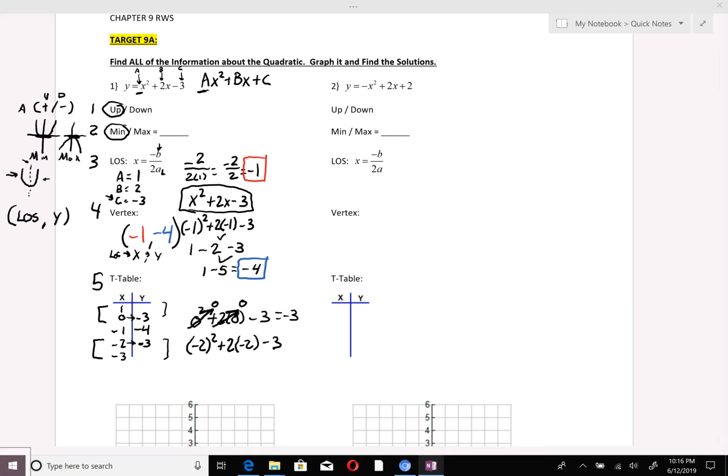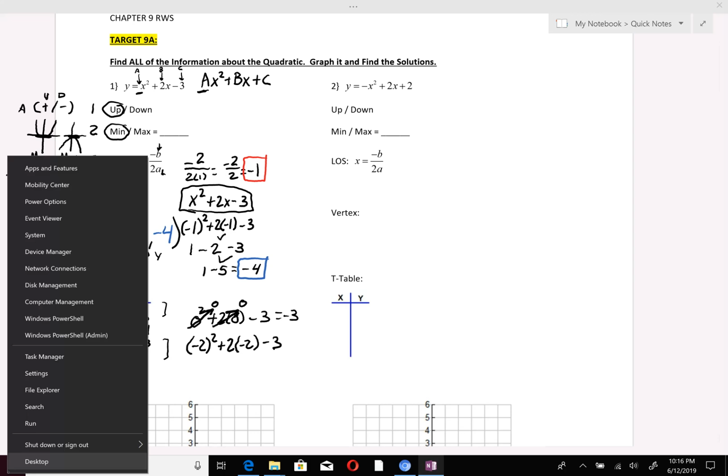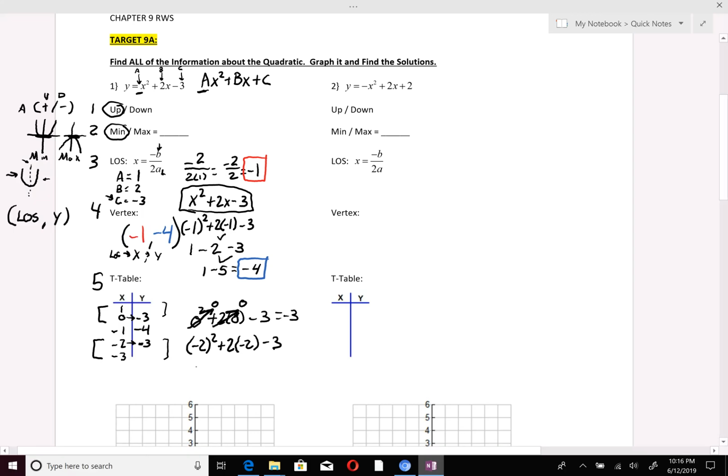So negative 2 squared is negative 2 times negative 2, which is a positive 4. And negative 2 times 2 is a negative 4. So 4 minus 4 is 0. And then our negative 3 gets dropped down. So 0 minus 3 still leaves us with negative 3.